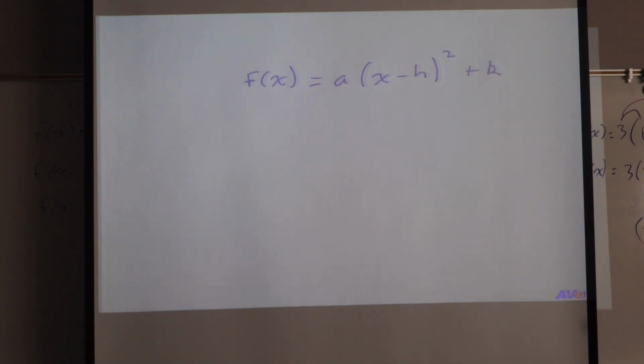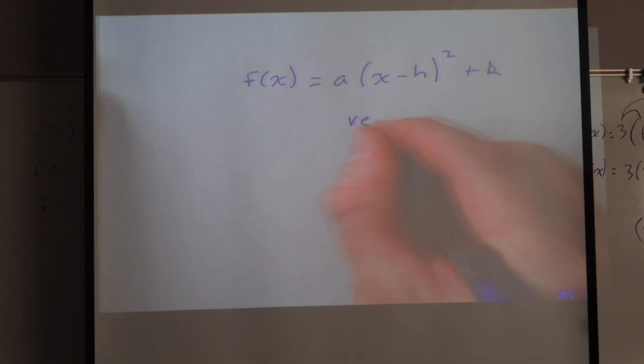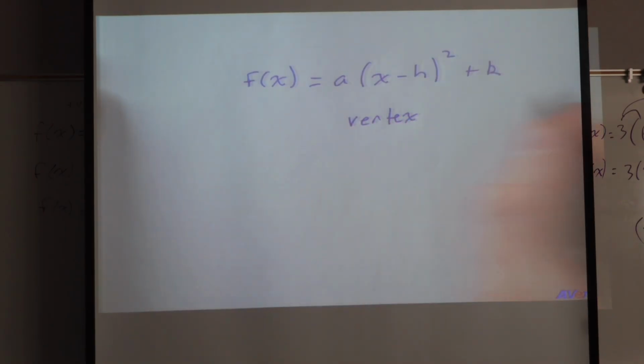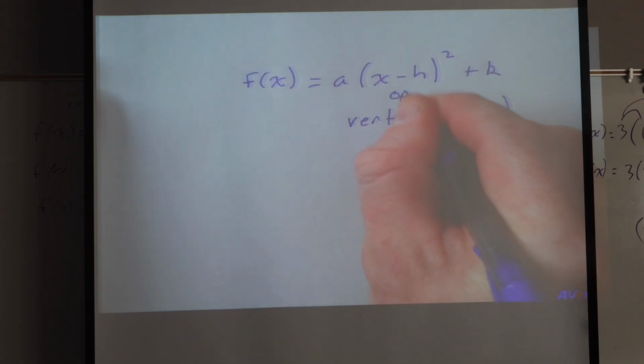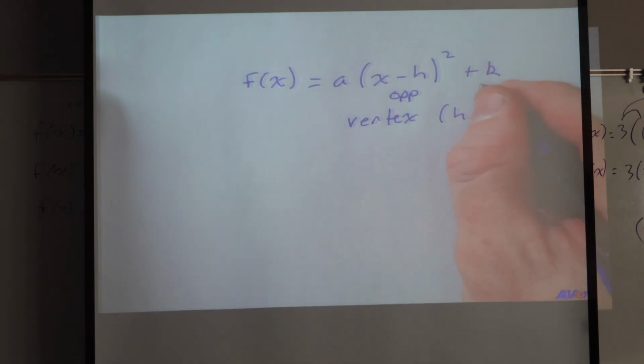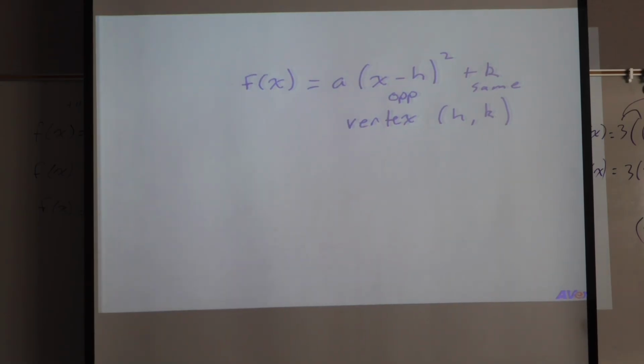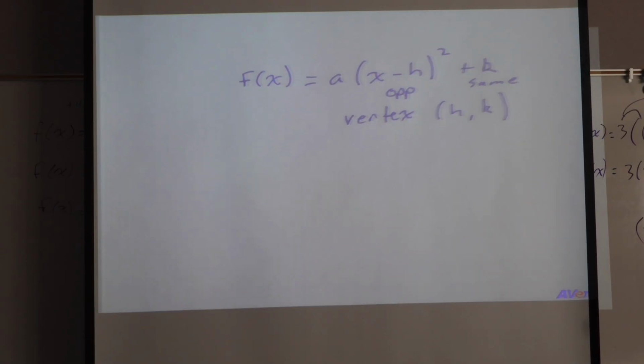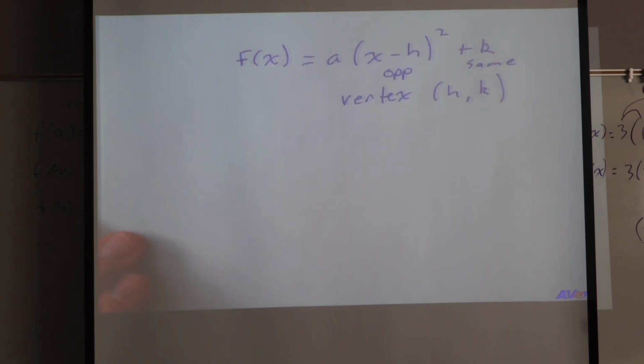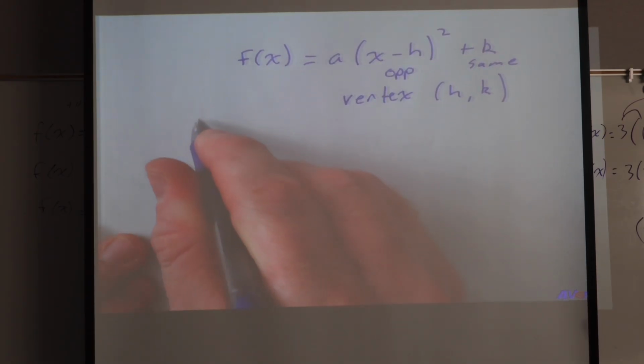Now, we will state our vertex as (h, k). The way that I teach my students is this: it's going to be the opposite of what is in here, and it's going to be the same as what is on the outside. So I'm going to do a quick sketch of the graph so we don't have to rotate between the two here.